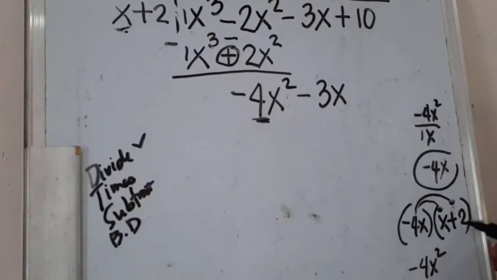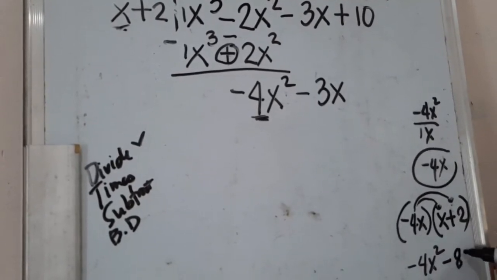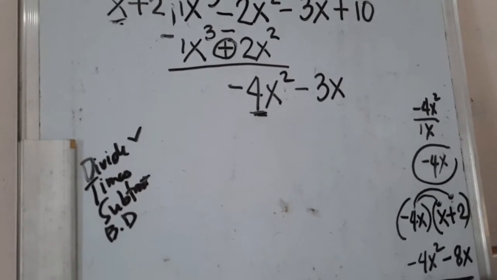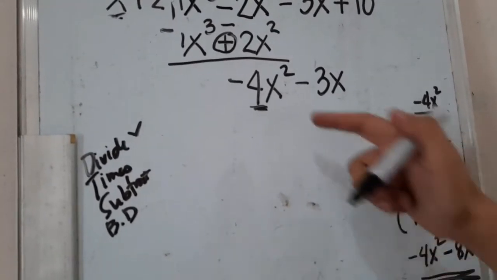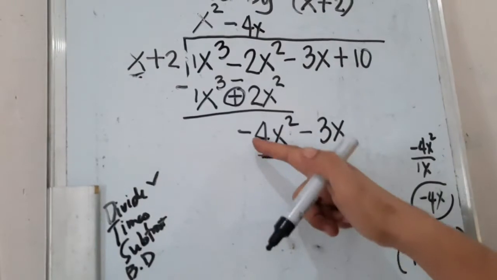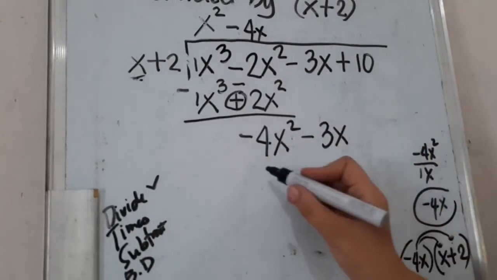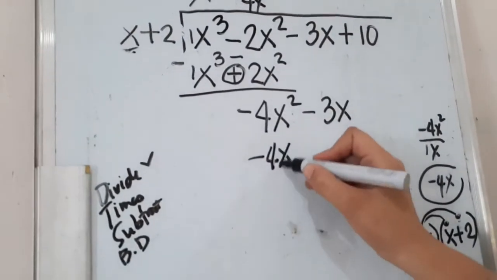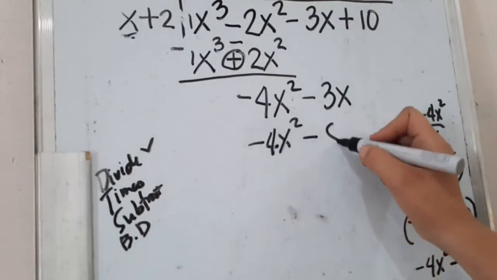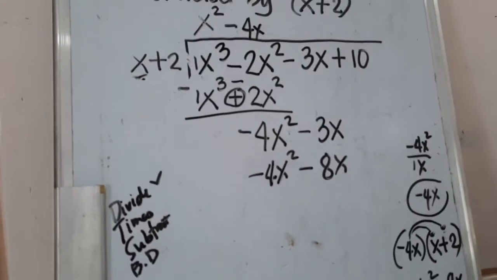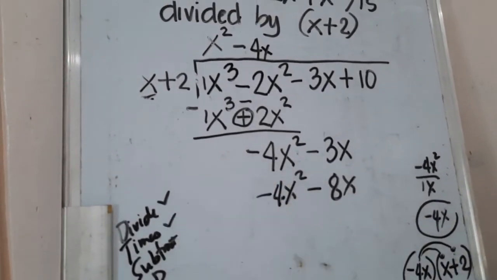Negative 4x times 2 becomes negative 8x. And this answer will be put below negative 4x squared minus 3x. So we will be writing negative 4x squared minus 8x. We are done with the multiplication.